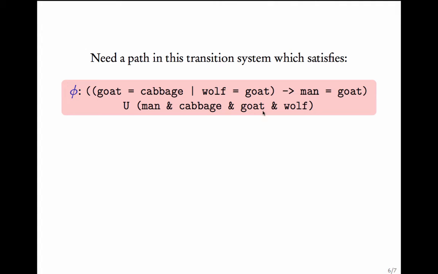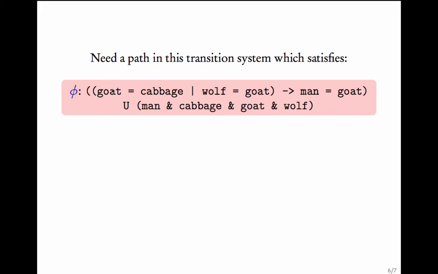You see, this is the kind of path that we want: it satisfies this LTL formula. Goat equal to cabbage, this is an atomic proposition. Wolf equal to goat is another atomic proposition. This is the NuSMV symbol for OR. We used to write a V-like symbol, right? In NuSMV, we write it using this pipe.